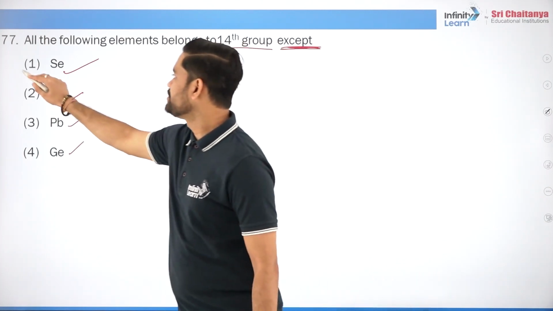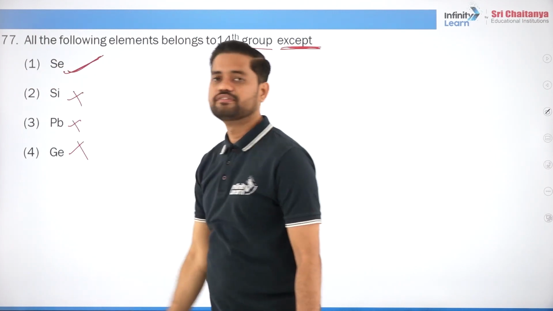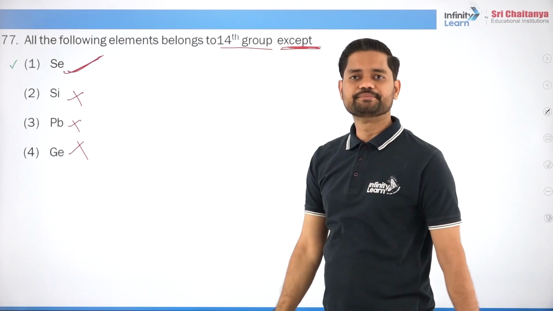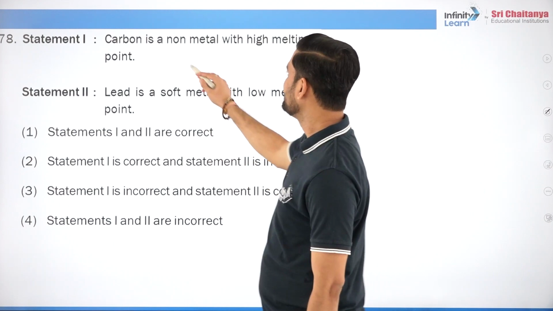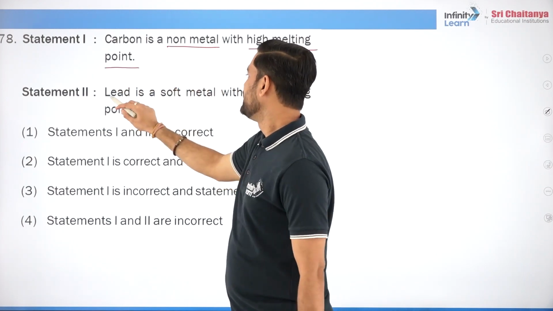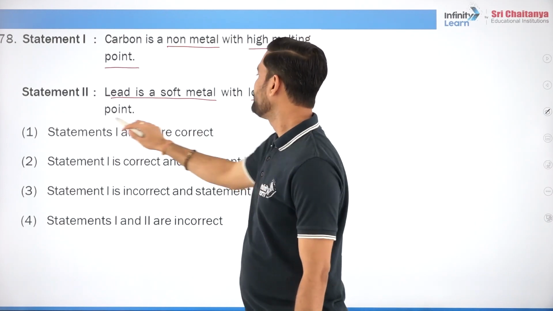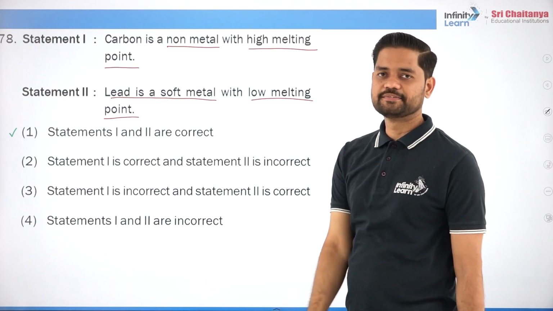So the right option is the first one, and these others are all carbon family. Clear? Perfect. Talking about question number 78. Carbon is a non-metal with a high melting point. True. Lead is a soft metal with low melting point. True. Both statements are true, so hence statement 1 is the right answer.